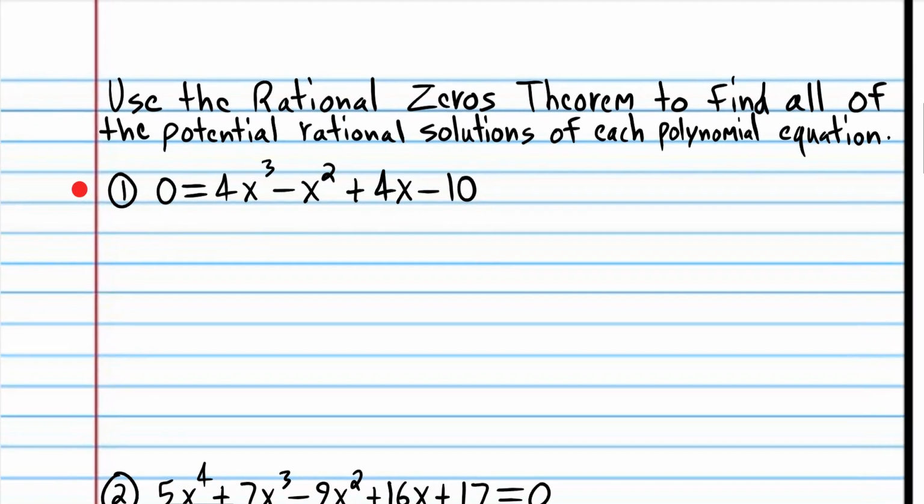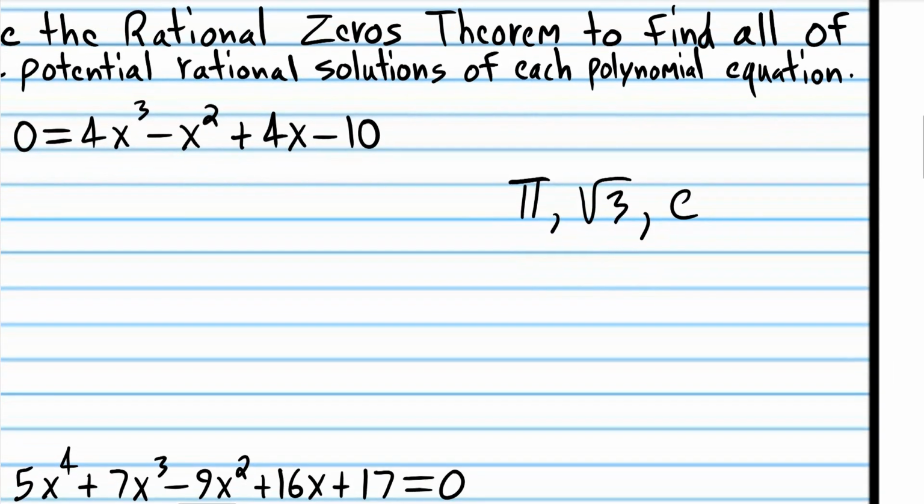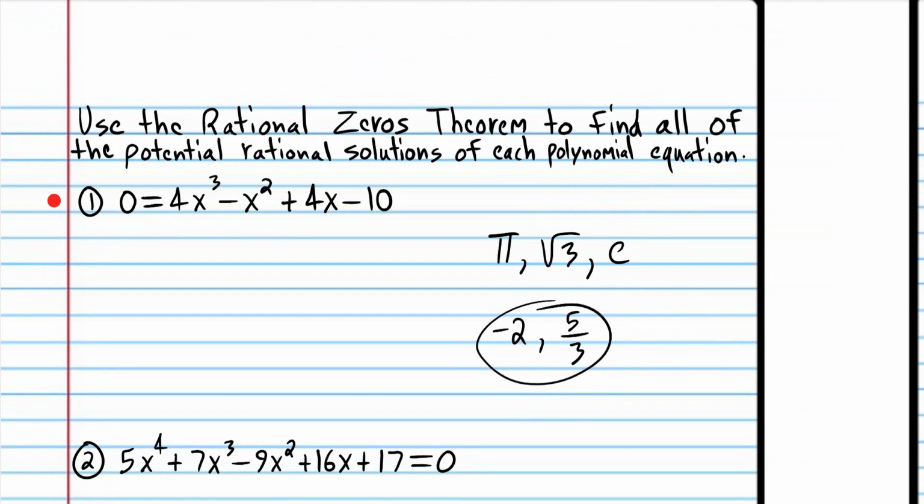but it's only going to give us the rational solutions, or zeros. So irrational numbers are numbers like pi or root 3 or e. They are non-terminating, non-repeating decimals. Rational numbers are numbers like -2 or 5/3. So this theorem is only going to help us to find rational numbers.